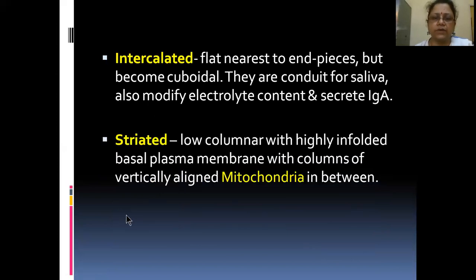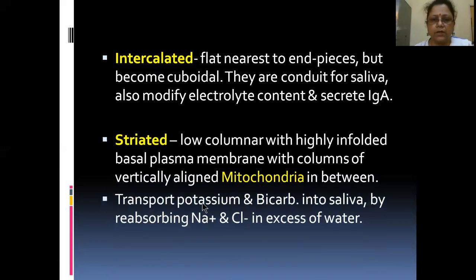Then striated ducts: low columnar to cuboidal, with highly infolded basal plasma membrane with columns of vertically aligned mitochondria in each. They transport potassium and bicarbonate into the saliva by reabsorbing sodium and chloride ions in excess of water.